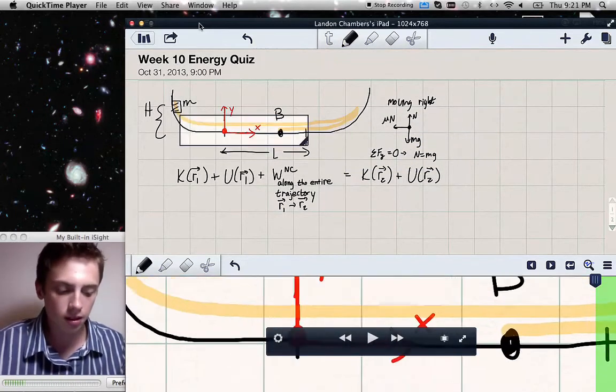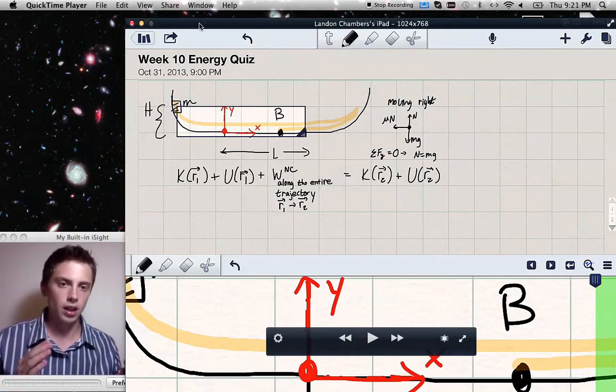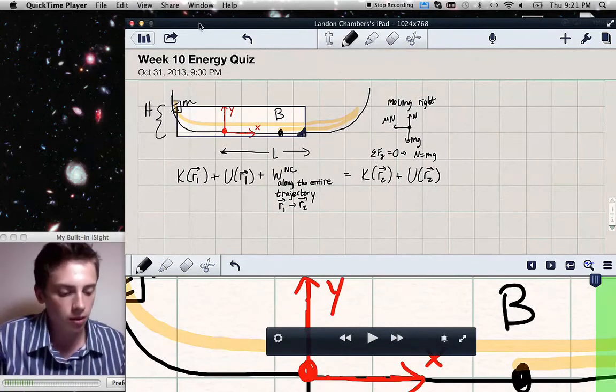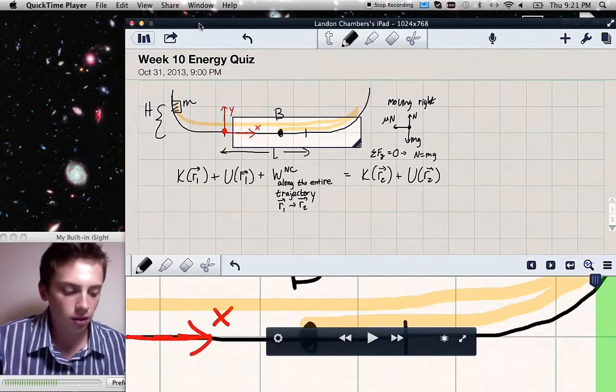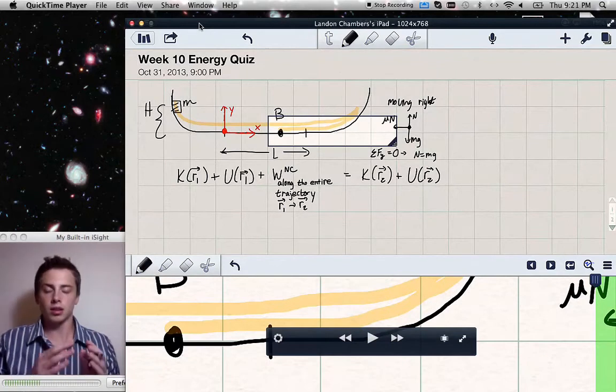Alright, so that's using this coordinate system, which I haven't introduced yet. But if I hadn't introduced it, if I sum the forces in the vertical direction here, the particle isn't moving along the rough patch in the y direction, or in this vertical direction.